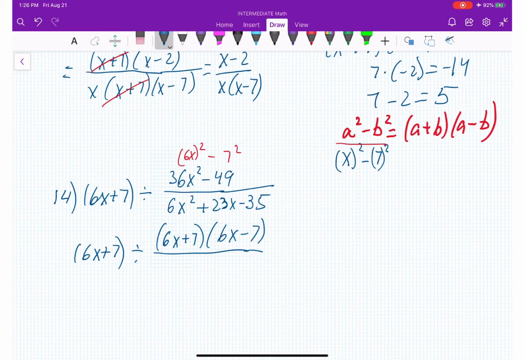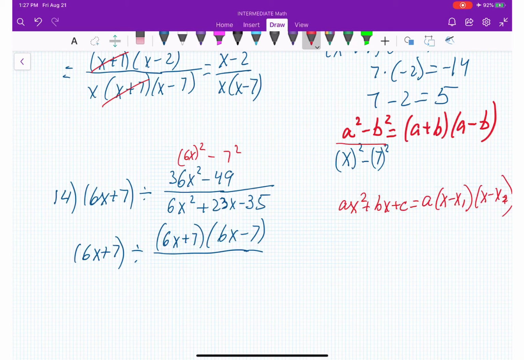In the denominator, well, we are going to use again, what do we have? 6x squared plus 23x minus 35. There is no common factor. 23 is a prime number, so we can't take anything out. So we are going to apply again ax squared plus bx plus c, that is going to equal a times x minus x1, x minus x2.